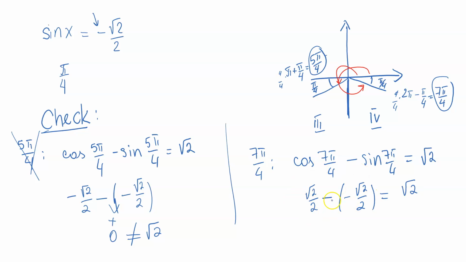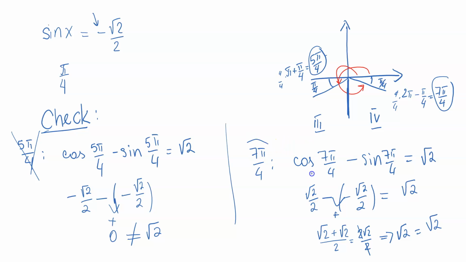Let's simplify the left side. Negative and negative will give us positive. Radical 2 over 2 plus radical 2 over 2 is 2 radical 2 over 2. Reduce the 2's. So the left side is radical 2 and the right side is radical 2.